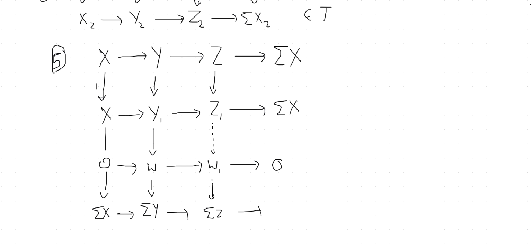And of course the last one, this will become a suspension square. Okay. And there is something. So this is called the octahedral axiom.